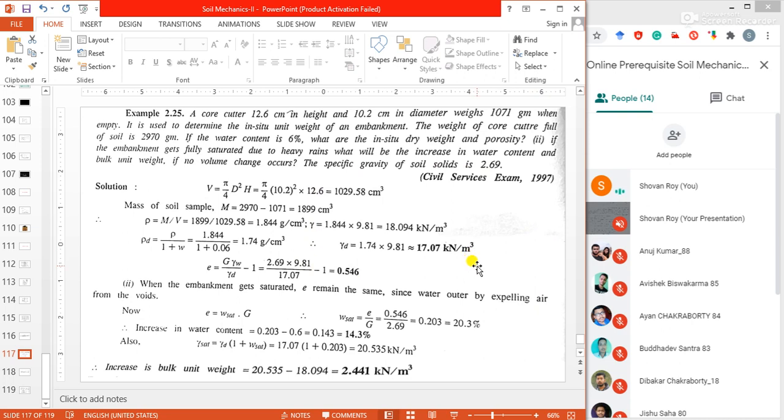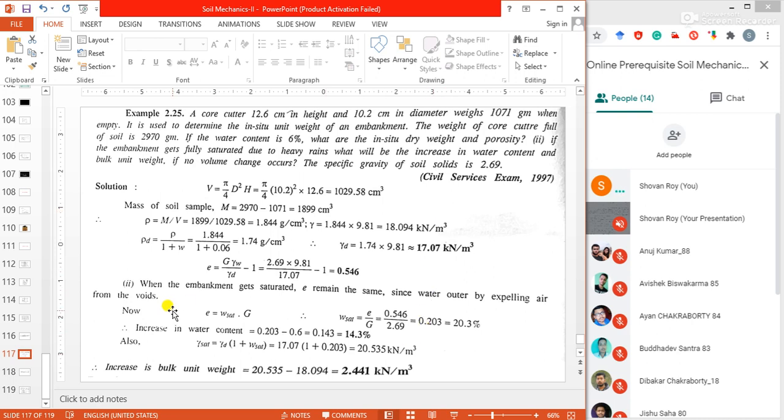These things should be clear, because maybe in the question it might be mentioned that the unit should be taken in MKS unit, SI unit, or CGS unit.